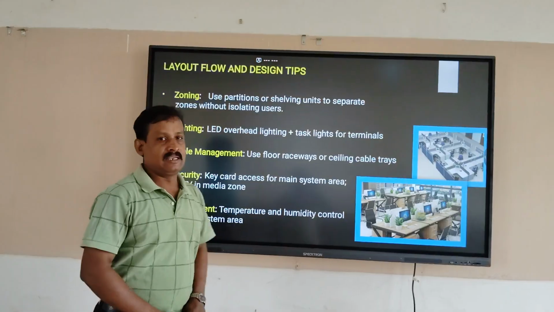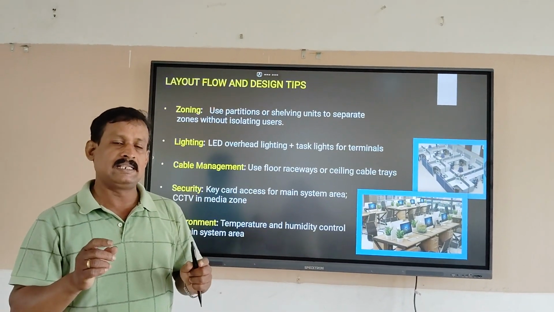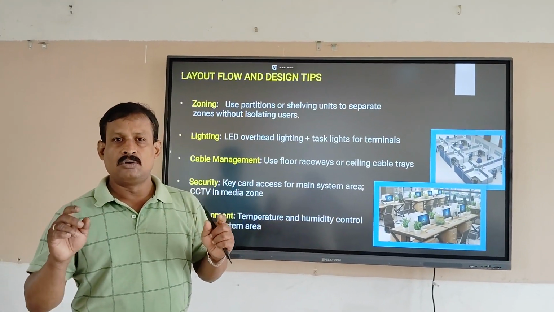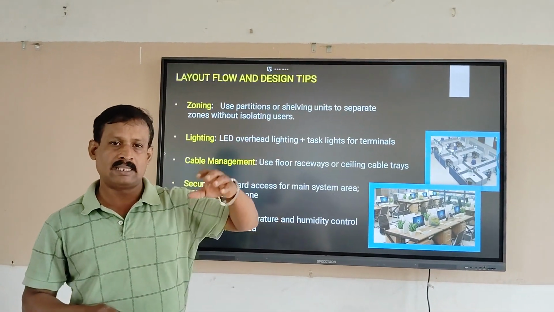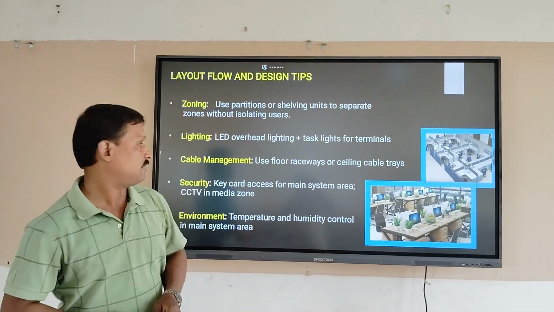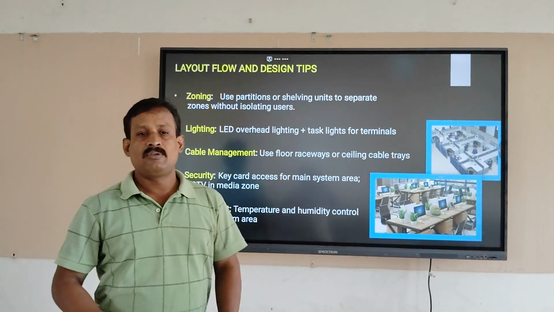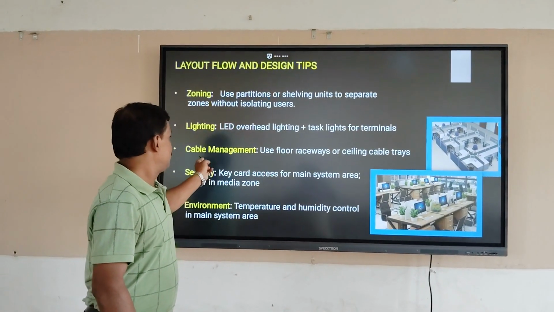Then lighting. How we should fix the lighting so that it properly lights the whole working area. ना कि इधर कम लाइट हो उधर ज़्यादा लाइट हो, ऐसे नहीं होना चाहिए. So the lighting arrangement should be proper. Then cable management. While we install the systems, it is an important matter.